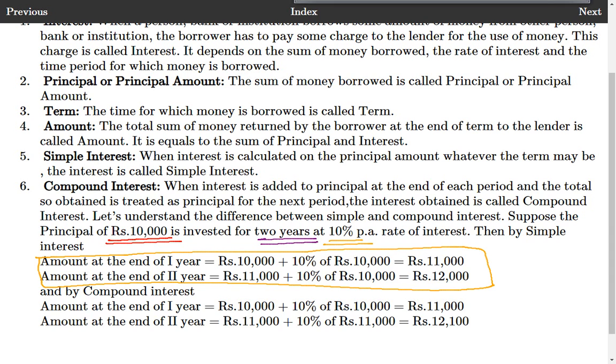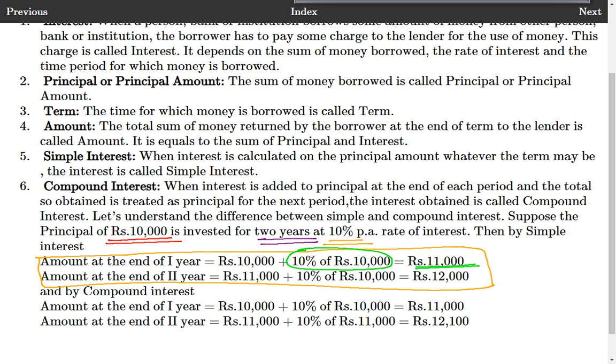It will be principal plus interest. The point to be noted is that interest, 10% of 10,000, is always calculated on the principal amount. So 10,000 plus 10% of rupees 10,000, that is 1,000, and total equals 11,000.